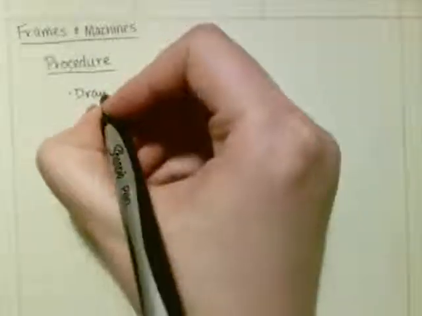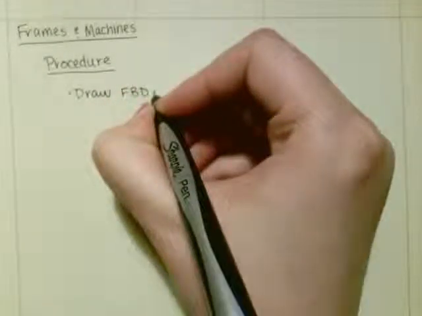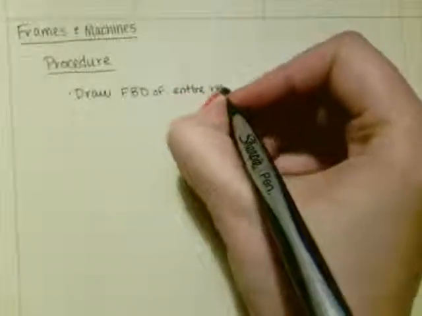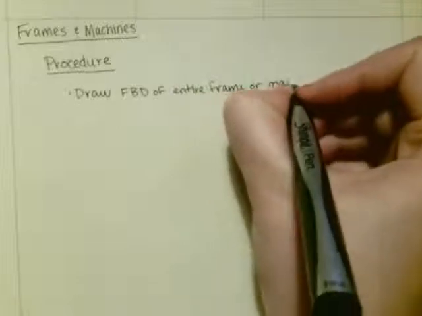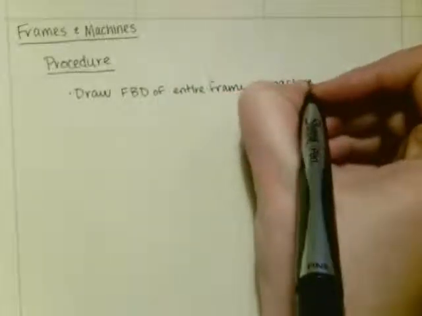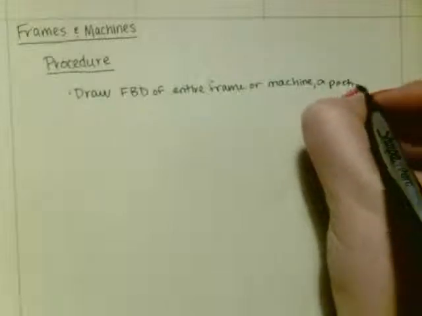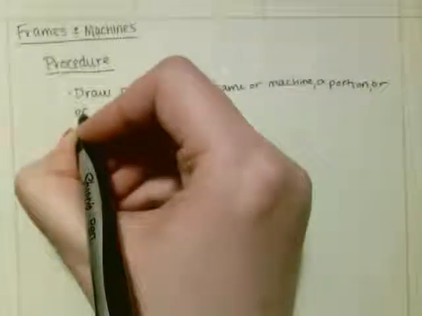So, first you're going to draw the free body diagram of the entire frame or machine, or a portion of it, or each of its members, depending on what the problem is asking for.